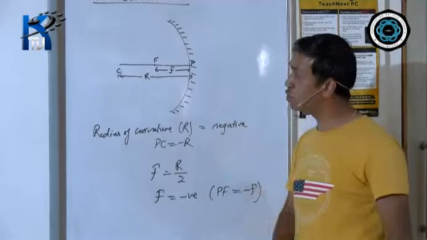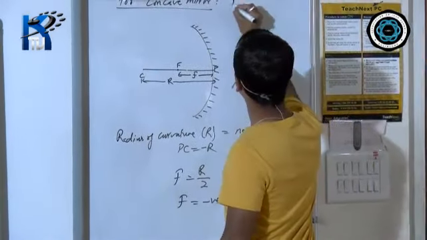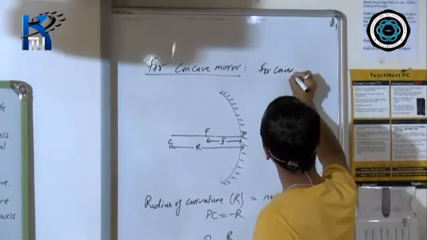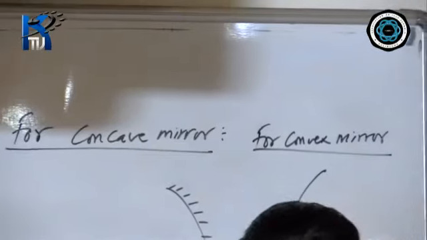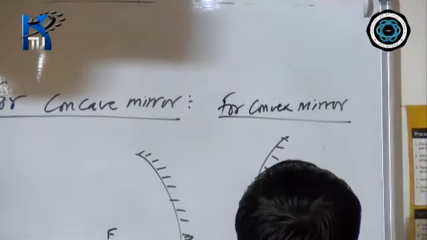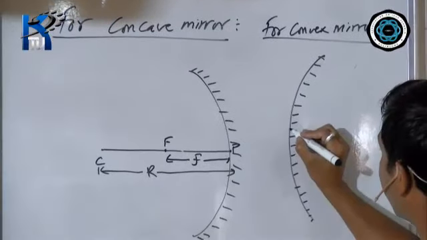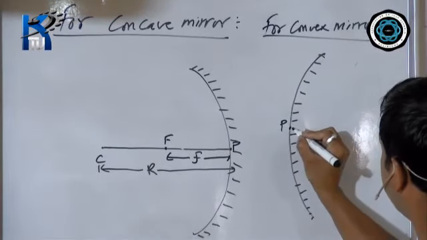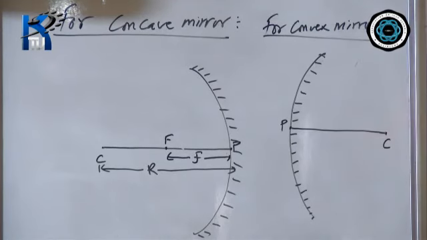Now I can go to the next, that is the convex mirror. Let me show you right here for the convex mirror. Now you know the shape of a convex mirror. This is the convex mirror with this point as the pole. Now we take the center of curvature on which side? Right side from the pole.